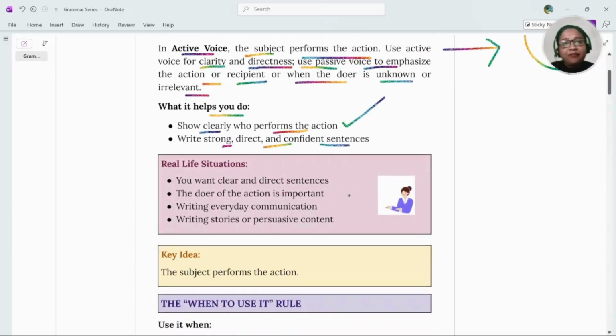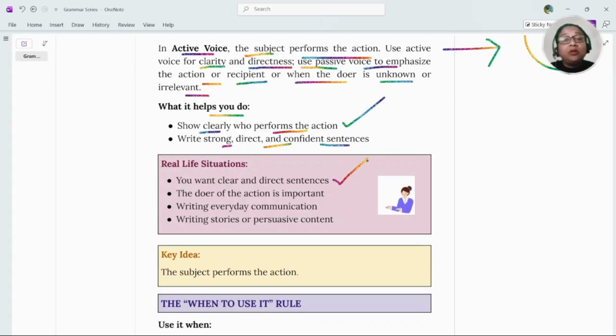All right. Now, a very valid point to think about is, what are the situations we are looking at when we are using active voice? The real life situations revolve around when you want clear and direct sentences. You can use them there.